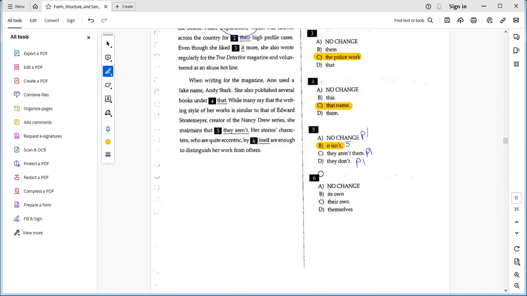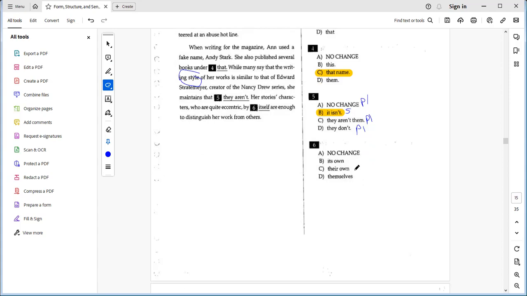Let's check whether it isn't is right. If you go here and read from the beginning: while many say that the writing style of her works is similar to that of Edward Stratemeyer, creator of the Nancy Drew series. About what? About her writing style. So I'm right.